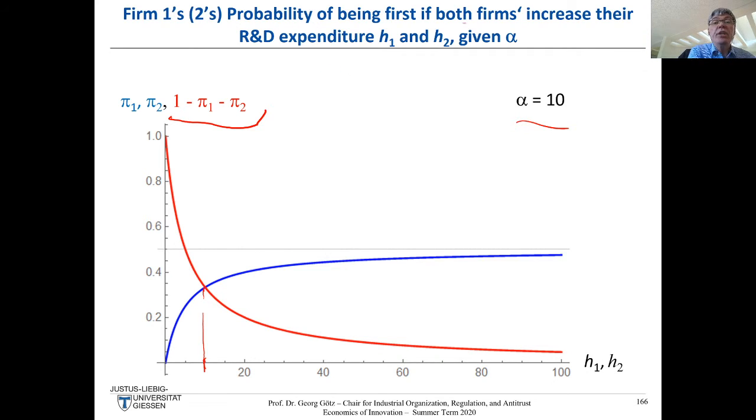And what we look into here is that both firms at the same time increase their R&D expenditure. Okay, and what you see here, if we had a contest, if both firms increase their expenditure by the same amount, the probability always stays the same. They always have a probability of 1/2 to be successful.